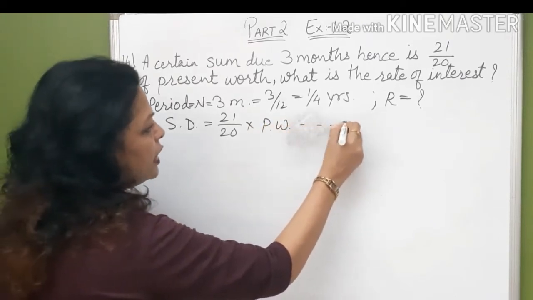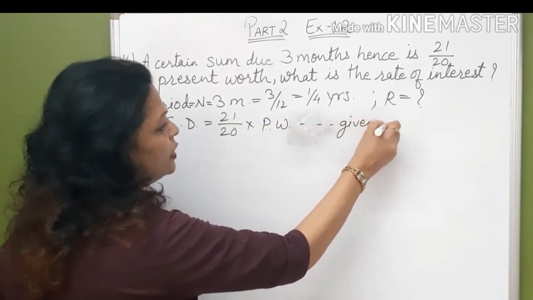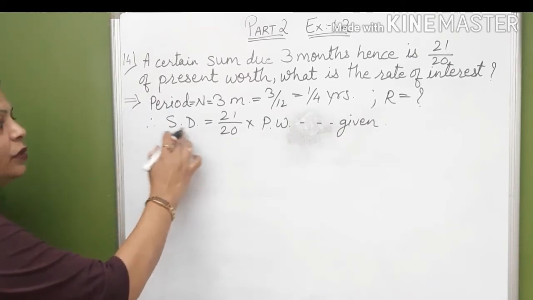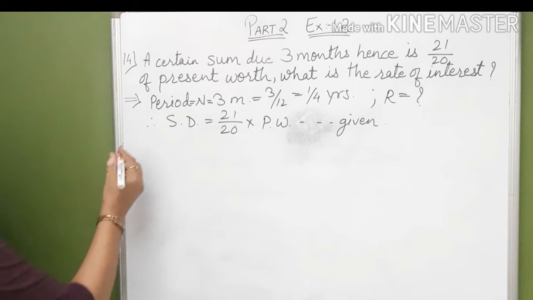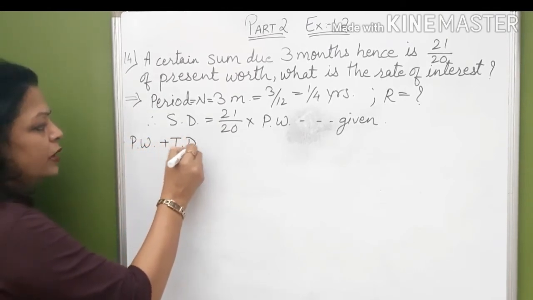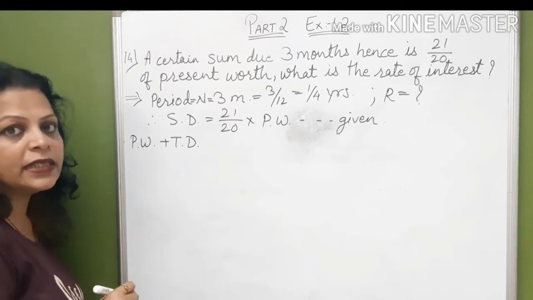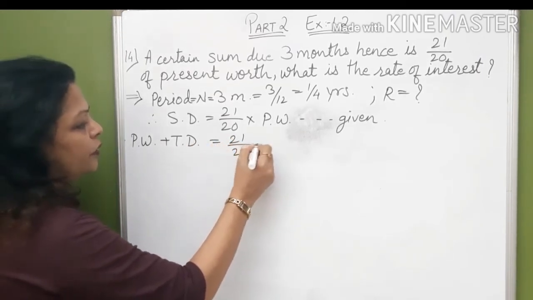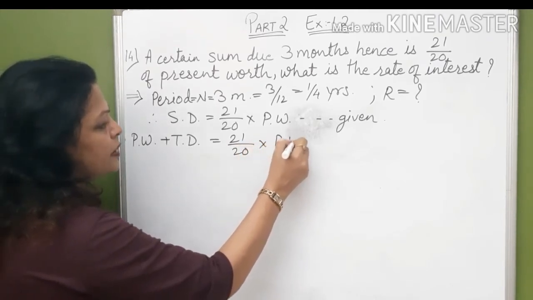This you must understand. This is what is given. Correct? Now how do we find sum due? Sum due is nothing but your present worth plus true discount. Correct? So this is equal to 21 upon 20 into present worth.